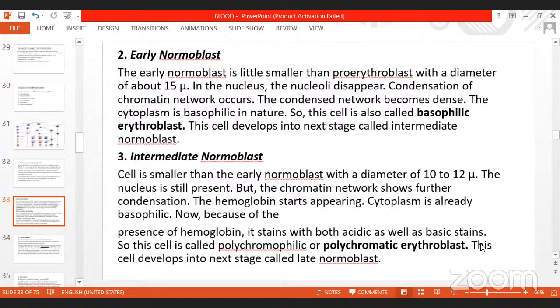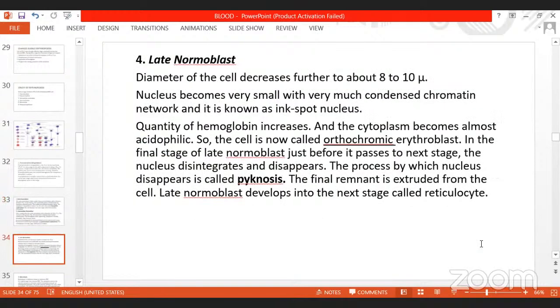So if the nucleus is present, the cell is basophilic. Once the hemoglobin starts appearing, then the cell becomes acidic. Next, coming to the late normoblast, the size of the cell decreases to around 8 to 10 micron, and the nucleus becomes very small with very condensed chromatin, like an ink spot.